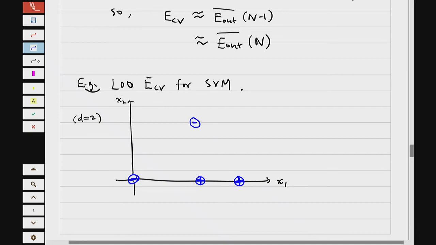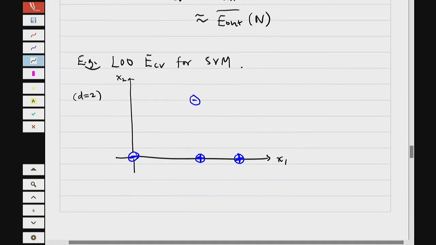So we are asked to use SVM on this data set. This toy example, very simple, of course, right? The boundary should look like that. You want to have the fattest margin, so the margin would be here. Something like that.